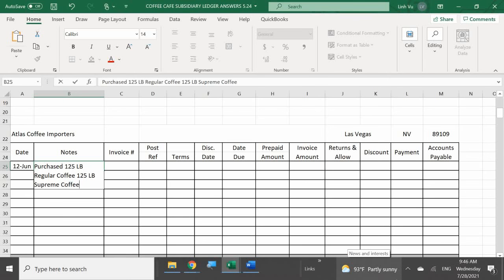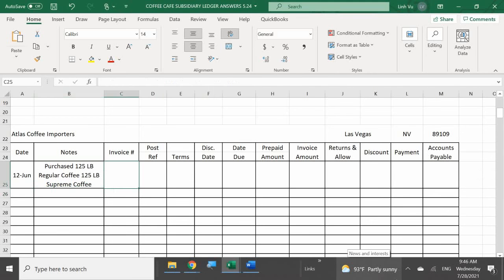Invoice amount, once again, this was $315. Post reference, we're still on General Journal number 4. In this case, did they give me terms?